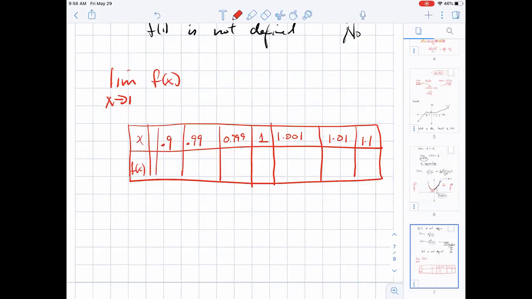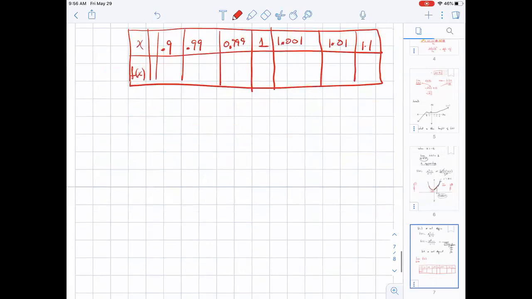Does everyone understand how I'm getting these values? This is simple, basic algebra, but because you're doing it for the first time, it may look confusing. Here is 1. You want some values very, very close, so close that they're like touching. What number is just past 1? 1.1 is too far. 1.1 is all the way over here.